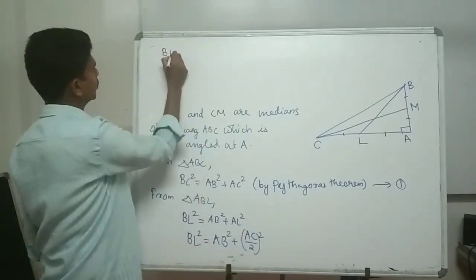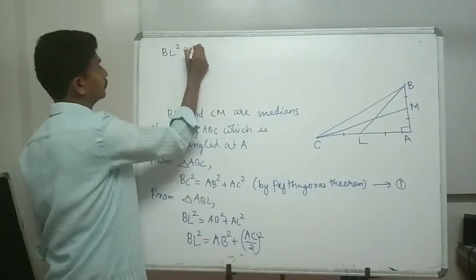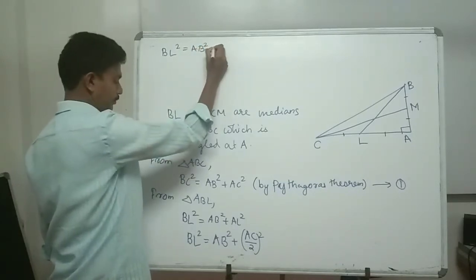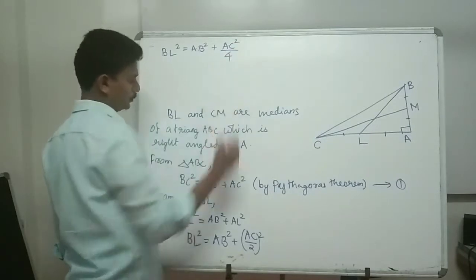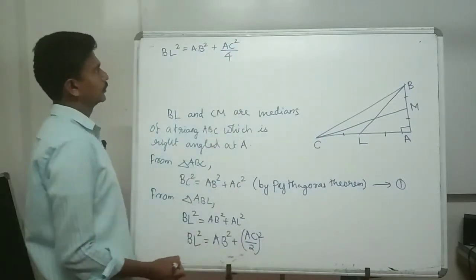So we get BL square is equal to AB square plus AC square by 4 now. When we square 2 we get 4.